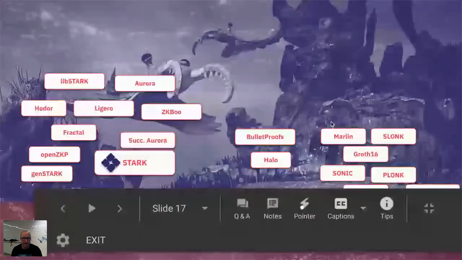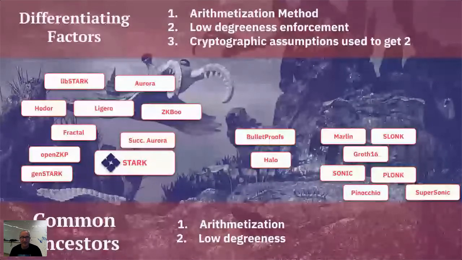So I'll soon go back and take some questions, but I just want to say, you might ask us, okay, so why isn't there just one proof system out there? Because they all do this thing. And the answer is that there are many, many different ways to enforce the low degreeness, to do the arithmetization: how many polynomials you end up with, how do you encode them, what fields you're working over, and also, probably most importantly, what are the cryptographic assumptions that you use in order to get the low degree enforcement?